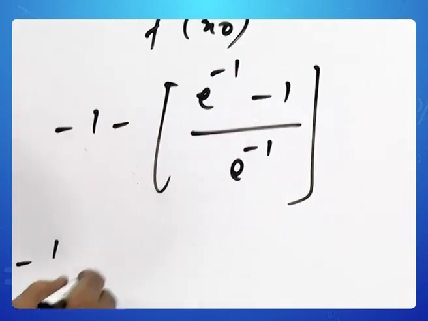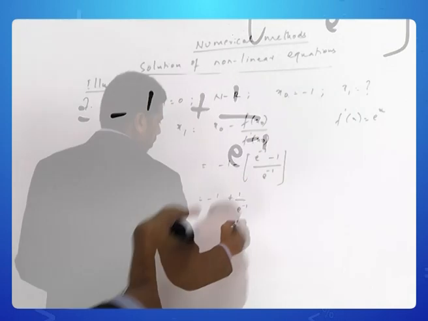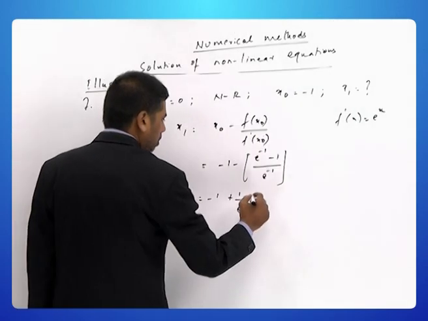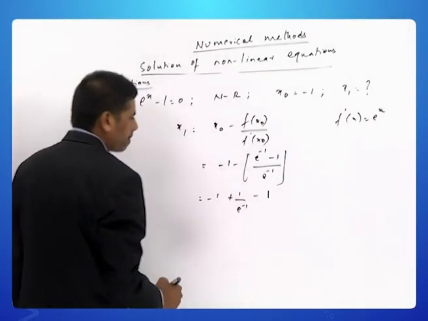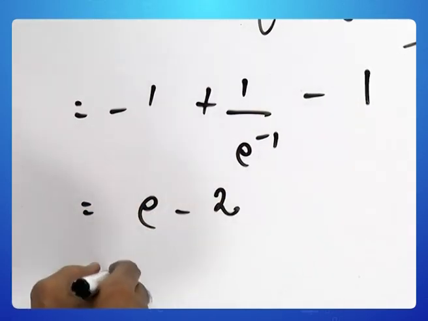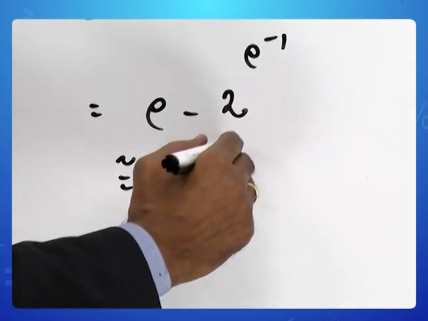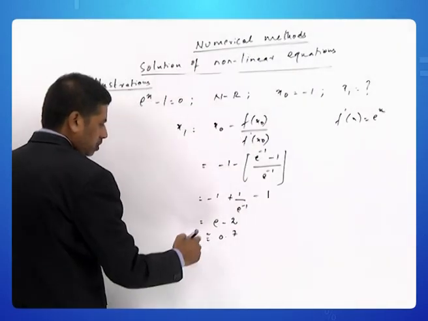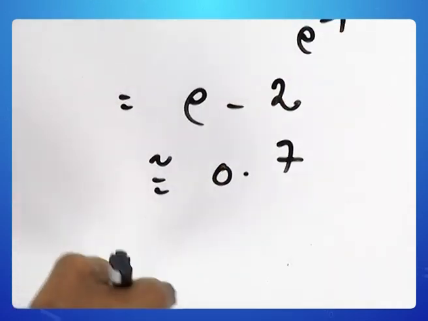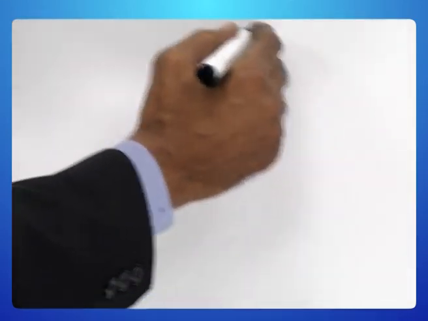So this will be minus 1 plus 1 by e^(-1), minus 1. So this will be e minus 2. So this will be approximately 0.7, because this will be 2.72 minus 2, about 0.72. So option A for this problem is correct.